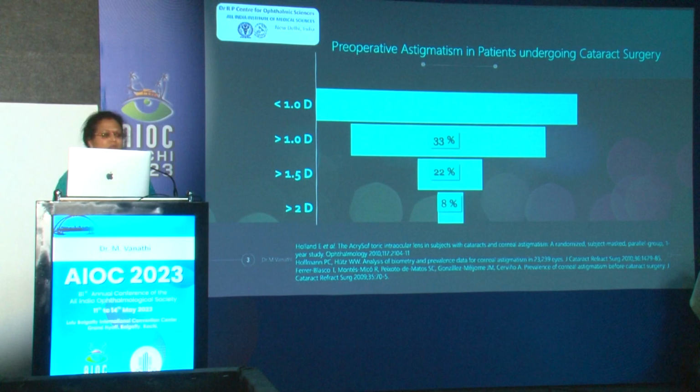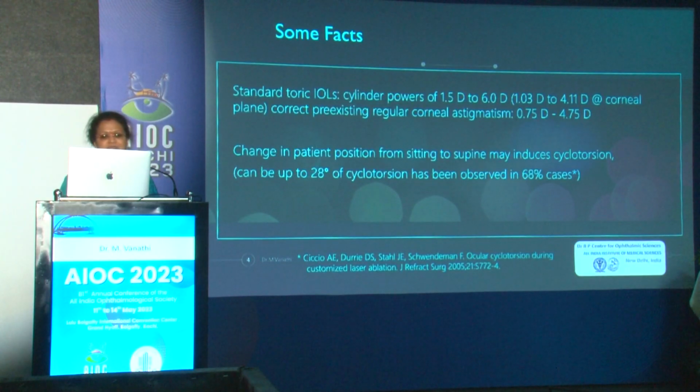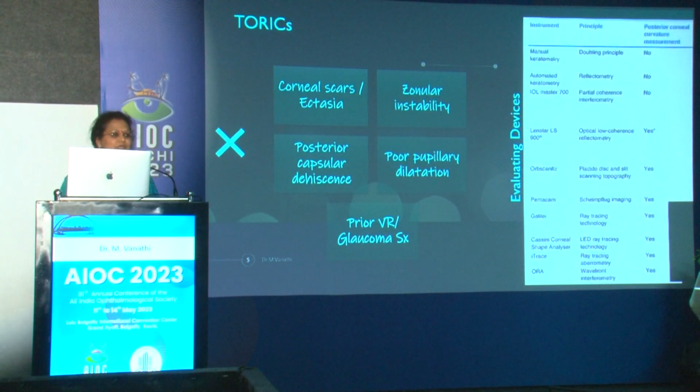What we want to know is, why are we emphasizing so much on astigmatism correction in cataract surgery? Are we doing an overkill on that? The fact here is that preoperative astigmatism in cataract patients can be significant, with as many as 33% of them having more than 1 diopter of astigmatism. And as we all know, cyclotorsion beyond about 28 degrees can be seen in up to 68% of cases.